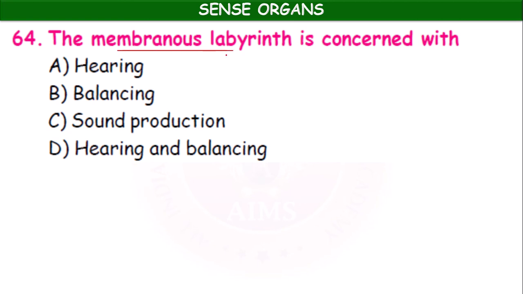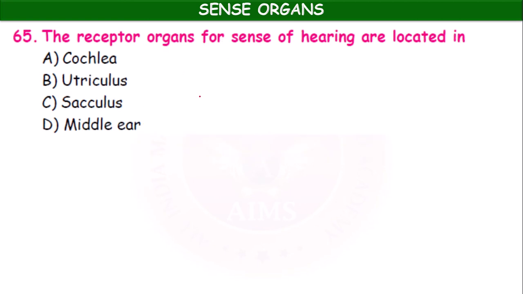Membranous labyrinth is a part of the ear, hearing and balancing. The receptor organ of sense of hearing are located in cochlea, utriculus, sacculus, middle ear. It is a cochlea where these receptors of hearing are present.